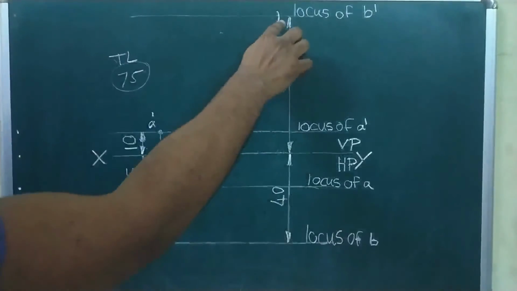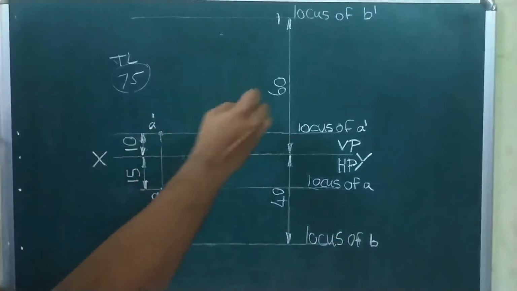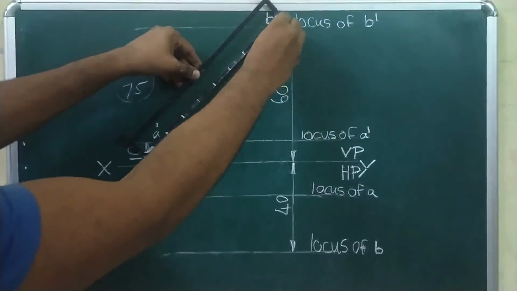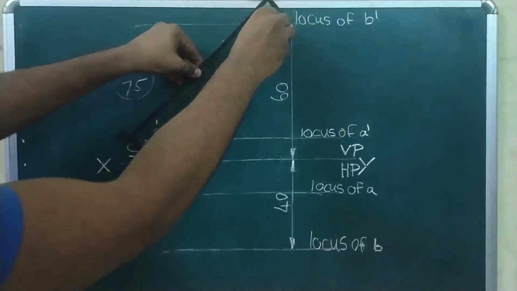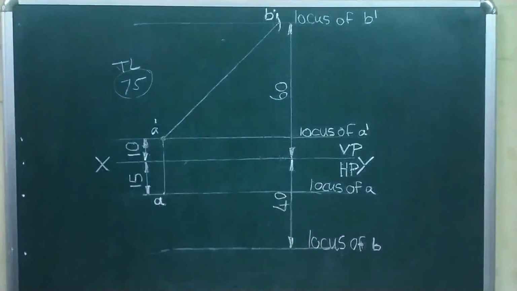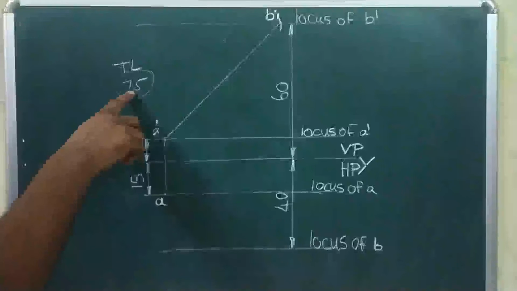This will create an intersection, point B1 dash. Now connect A dash and B1 dash with the help of an H pencil. This line is nothing but our true line in the front view. Similarly, complete the top view true line work.